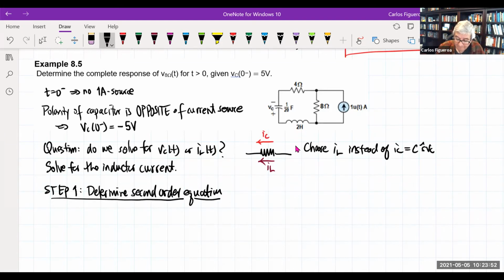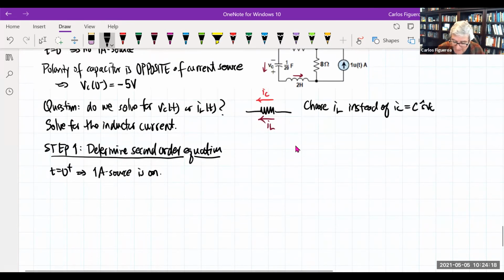We can see here that if I'm looking at the currents, these guys are in series, so that makes sense. Then at t equal to 0, that implies that the 1 amp source is on. So now I have to include that.